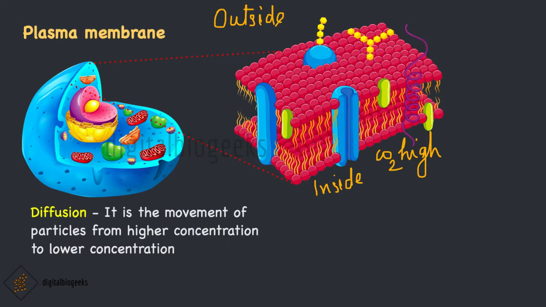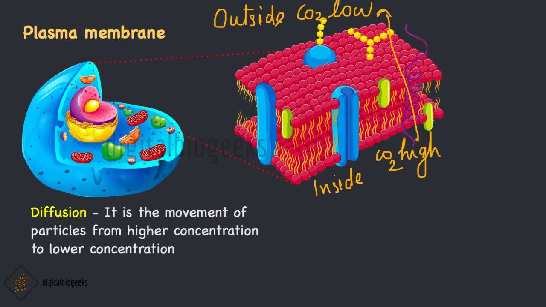When the concentration of carbon dioxide becomes high inside the cell, and if the concentration of carbon dioxide is low outside the cell, then carbon dioxide will move from a region of higher concentration to a region of low concentration. That means as soon as there is a difference in concentration, carbon dioxide moves out of the cell.